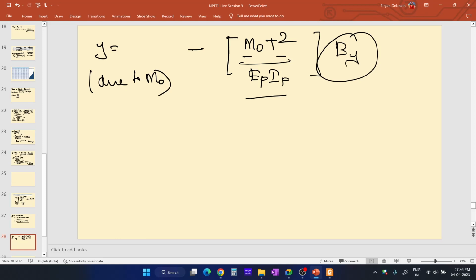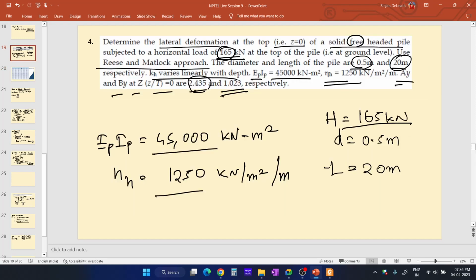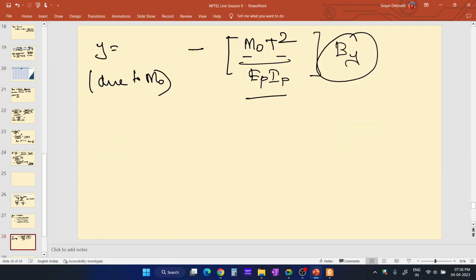We can use this chart to find the value of By. Since the head of the pile is at the ground surface, for z equal to 0, the corresponding By is 1.023, and this is also given in the question, I believe. See over here. So all the parameters that we need to solve this equation, we have.